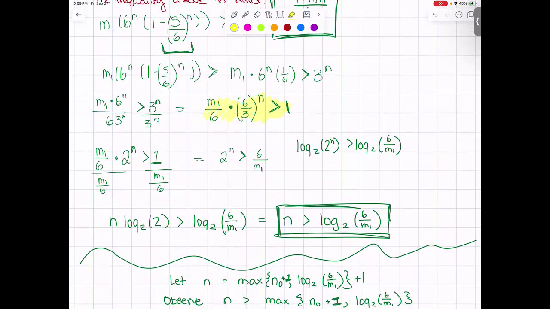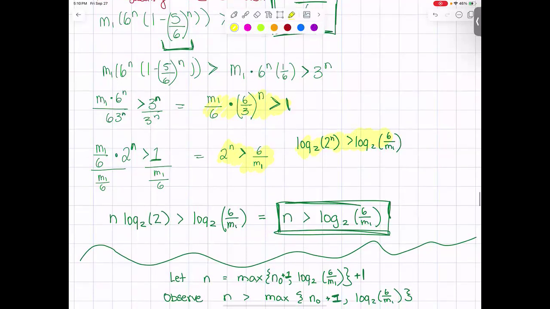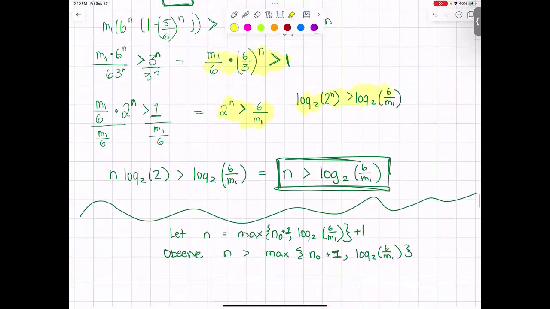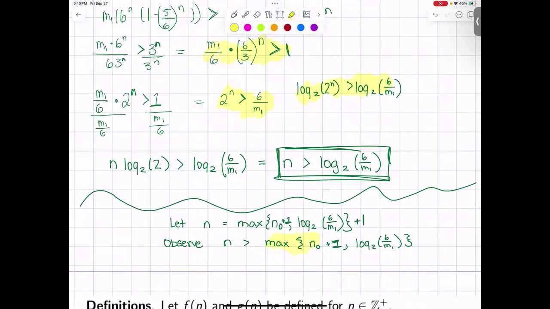If we continue to isolate n, we find ourselves all the way back at where we moved the m1 over 6, when we divided both sides by m1 over 6. We took the log of both sides, we were able to bring that n down, and we could see that indeed it's true that we needed n to be greater than log base 2 of 6 over m1. And so we can see exactly how we were able to deduce this value, as well as how we would go about proving it.